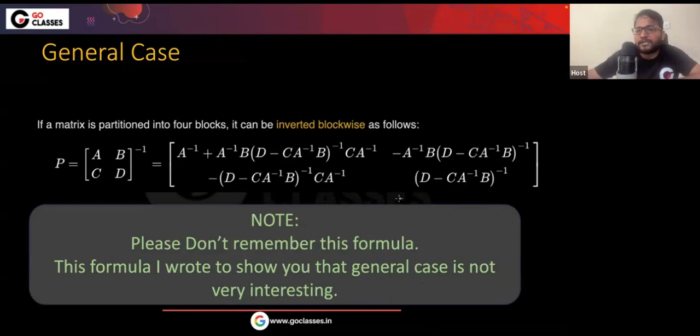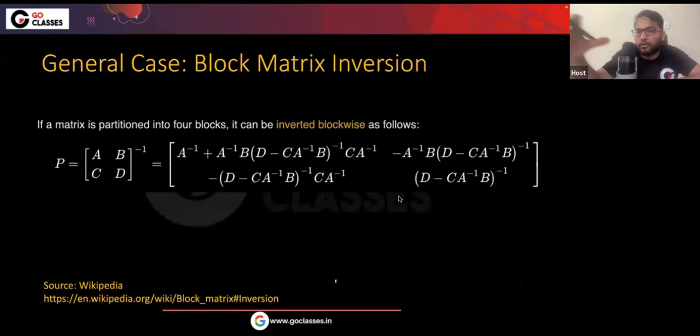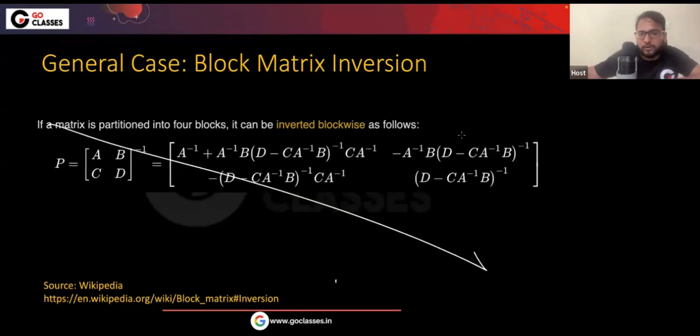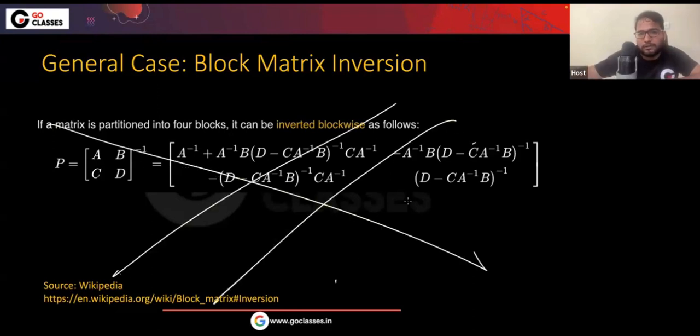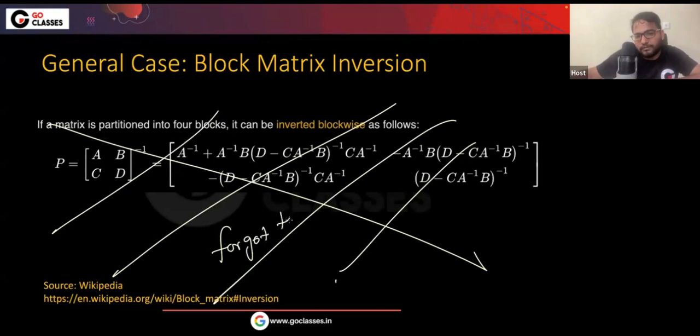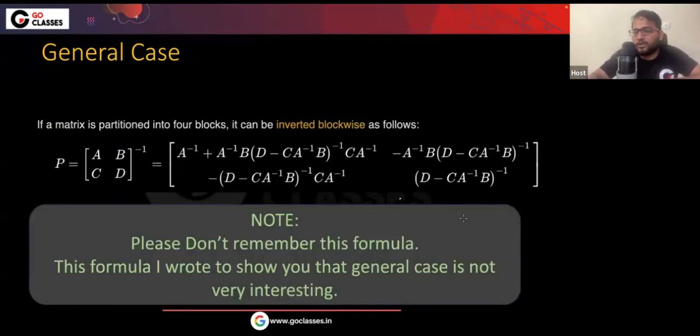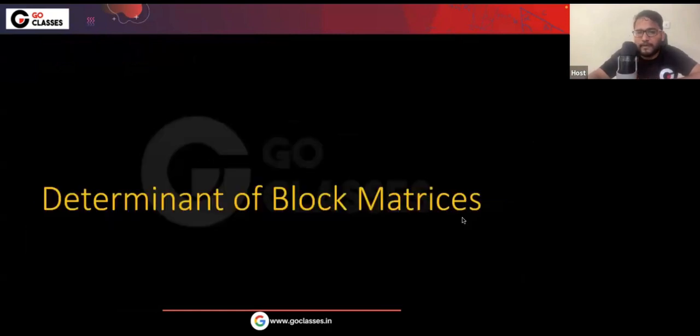Basically we can find the inverse of a general matrix, but let's not do it. Let's just cross it out. Okay, forget this formula. Just don't remember this. I just wrote it to show you that it is not interesting.